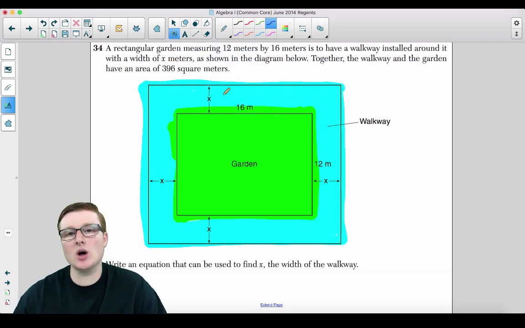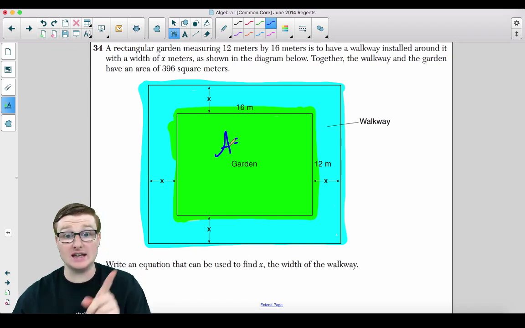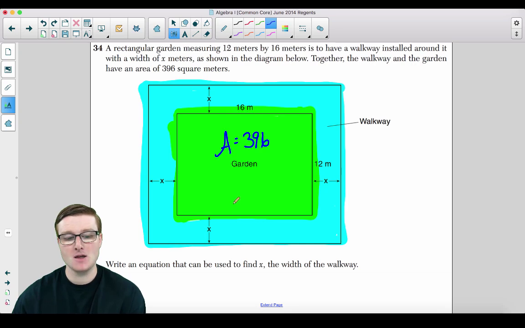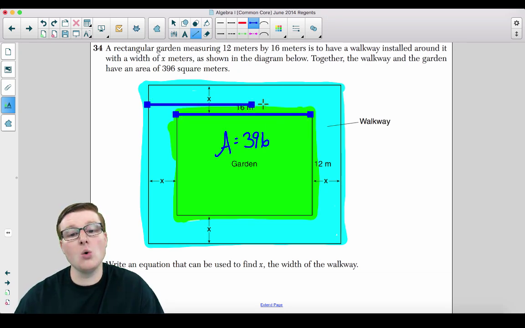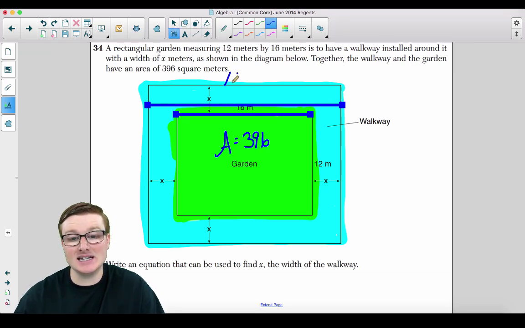So they're saying to us that the area of the whole thing, the blue plus the green, is equal to 396. Write an equation that can be used to find x, the width of the walkway. You have to be really, really careful here. Look at this. This is 16 meters, but the whole thing is going to be 16 meters plus 1x and 2x.